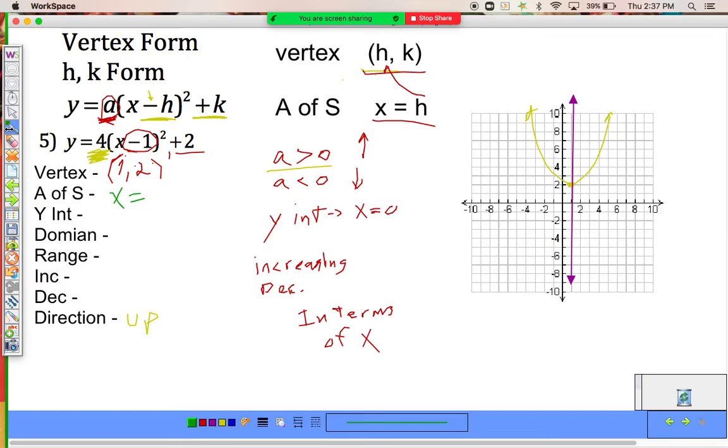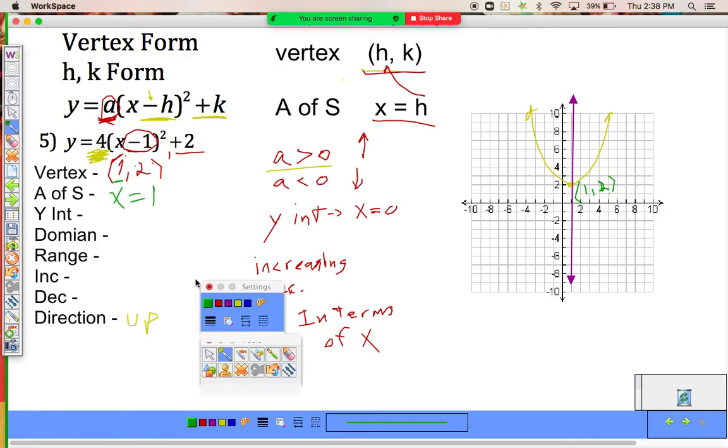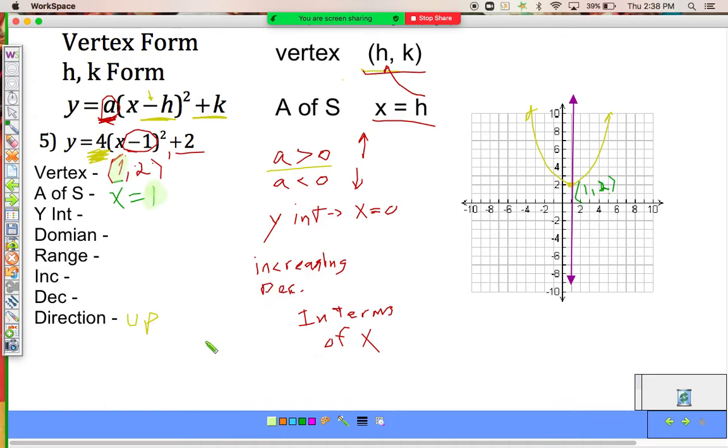So if my x value is my axis of symmetry that goes through this vertex, 1, 2, my axis of symmetry is going to be x equals 1. Because that's the vertical line x equals. All right, so I take the x value of my vertex and use it for my axis of symmetry. We're going to use these numbers, 1 and 2, a bunch in this problem.